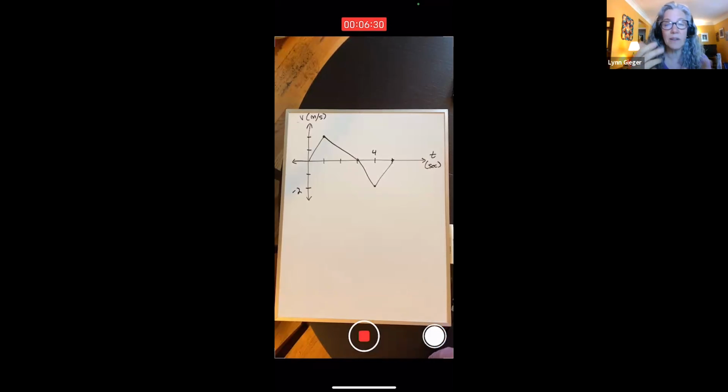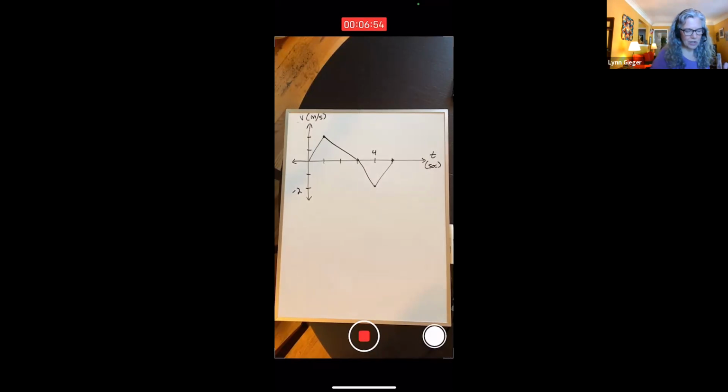You could do a different direction where positive velocity means the object is going up, away from the surface of the Earth, and the negative velocity would mean it's coming down back towards the surface of the Earth. Or you could have a positive velocity saying that we are going away from home, and a negative velocity saying that we are going towards home.